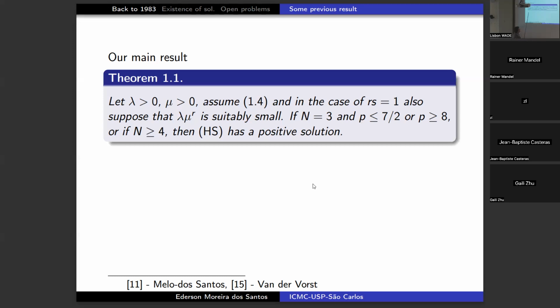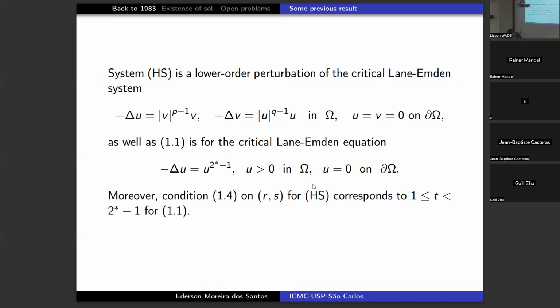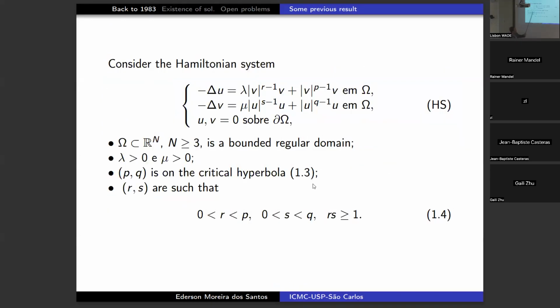So regarding the condition on the parameters, let me just go back to the system. Observe that lambda and mu appear here in the perturbation.